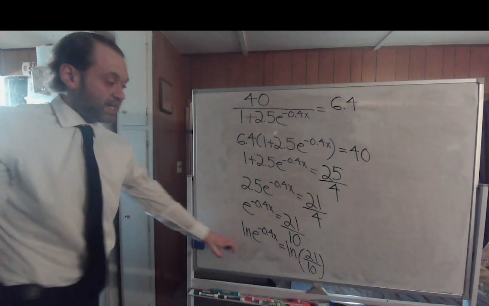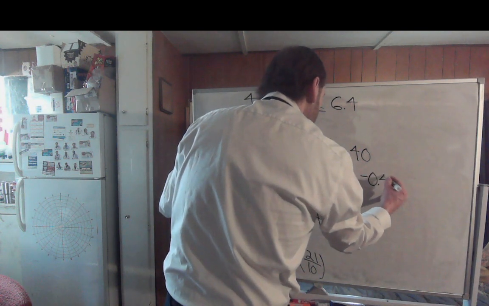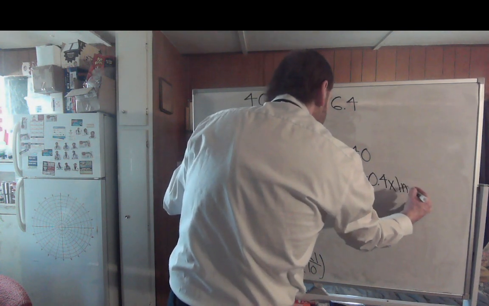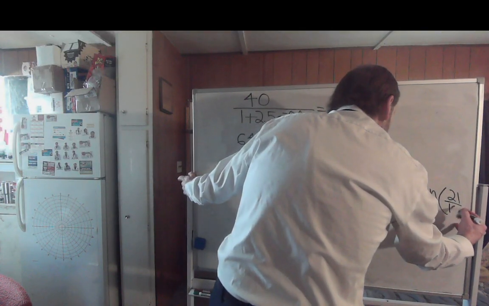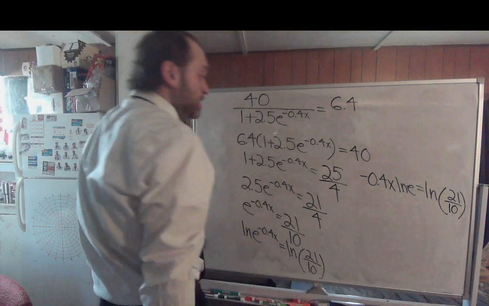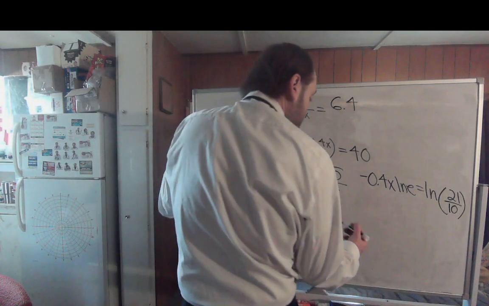Well, on the left side you have a power rule, so this will turn into negative 0.4x times the ln of e equals the natural log of 21/10. Natural log of e is 1. Just divide both sides by negative 0.4.